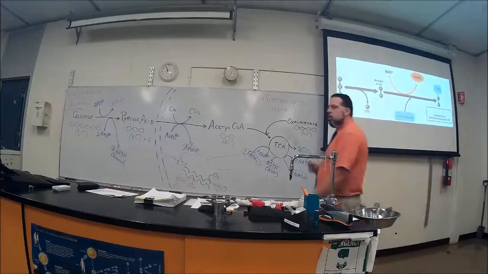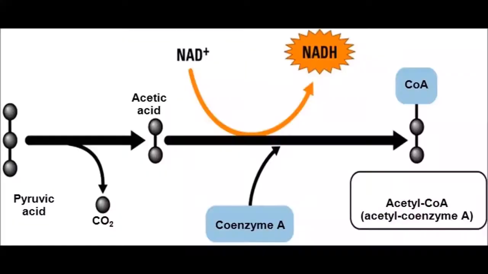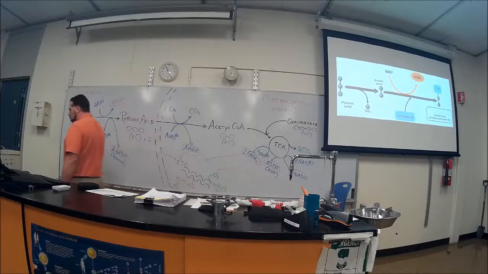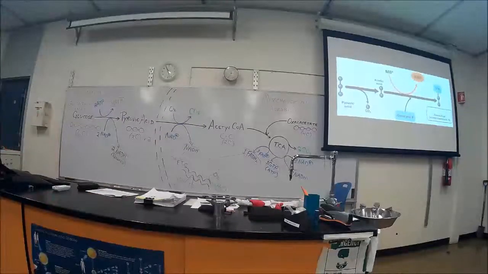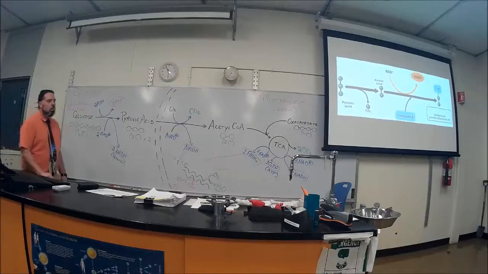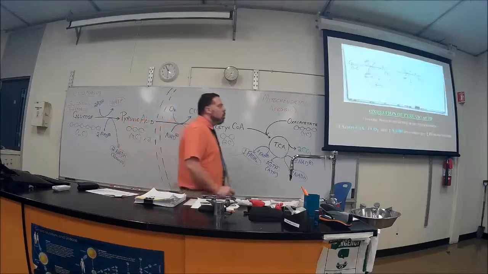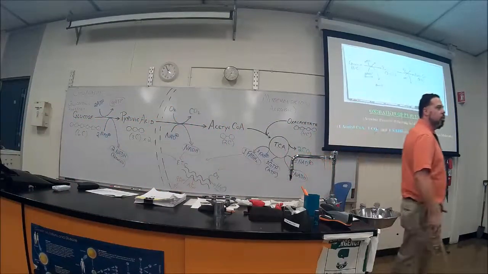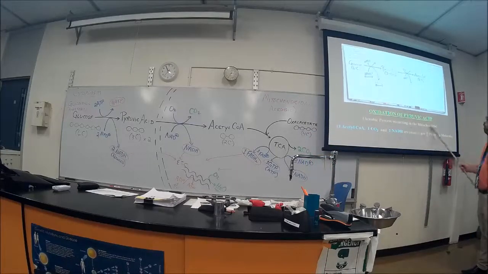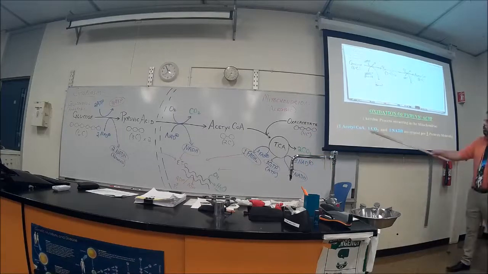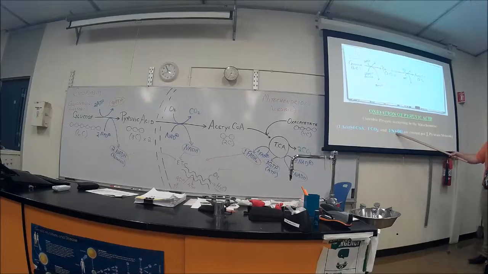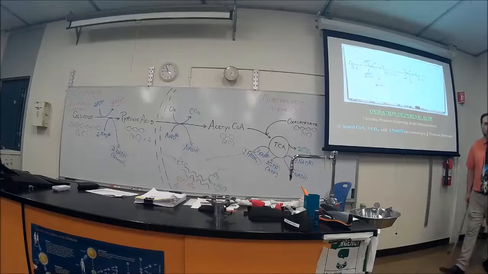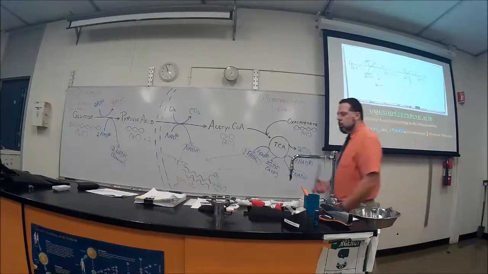Carbon dioxide is where that extra carbon came off. And my picture here, I kind of summarize things over here: 1 acetyl-CoA, 1 carbon dioxide, 1 NADH created by 1 pyruvic acid molecule, not per glucose.